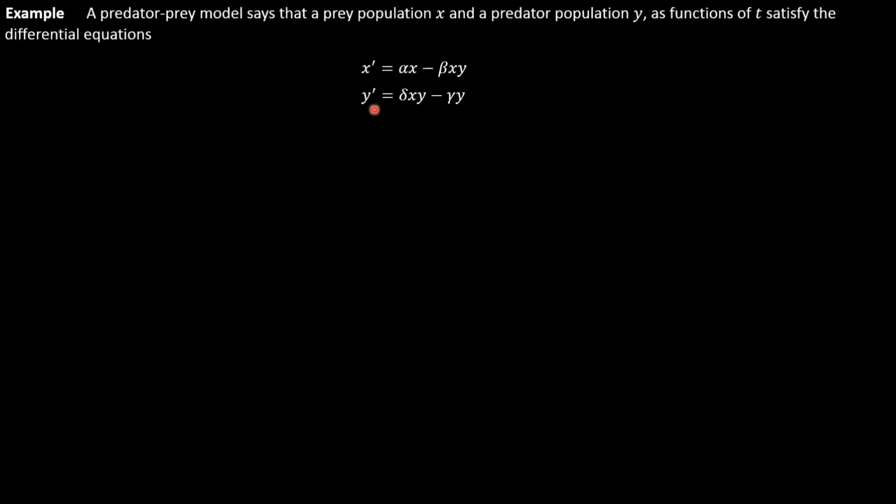On the other hand, predators, who are modeled by y, flourish when they are eating a lot of prey. So they flourish proportionally to how much they're interacting with prey, proportionally to x times y. On the other hand, what predators don't like are other predators.